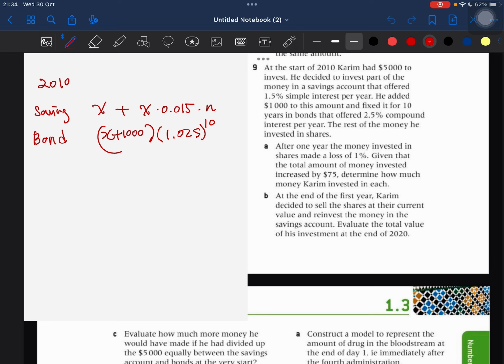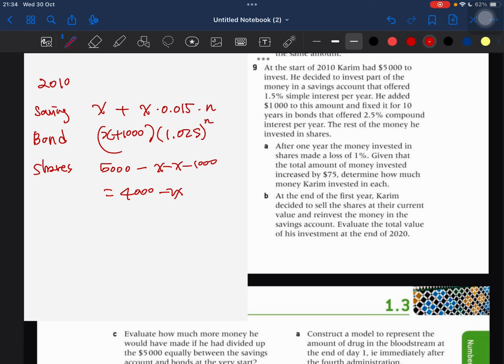Oh, so it doesn't say 10 years. And the rest of the money he invested in shares. So shares, 5,000 minus x minus 1,000, which is 4,000 minus 2x. But it doesn't say about the interest rate yet.